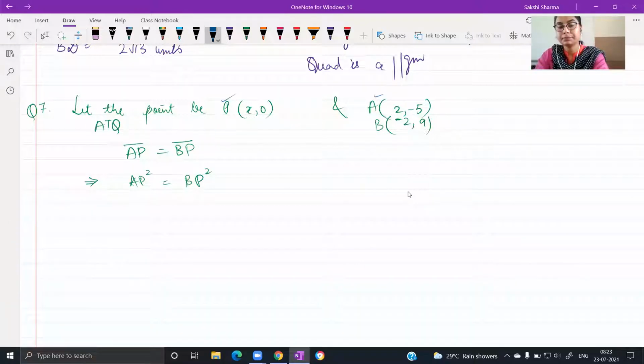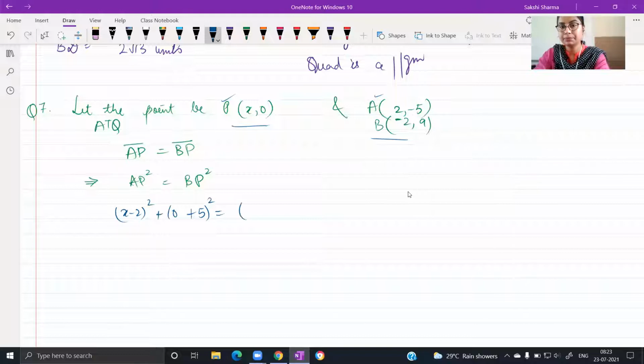P and A. Then right hand side P with B. So x will get cancelled here, x square on both sides. You will have a linear equation in x, and then you can find out x from here. Simplify and tell me what's the relation obtained.